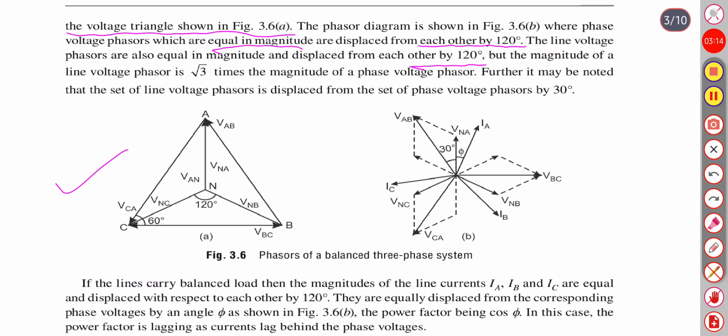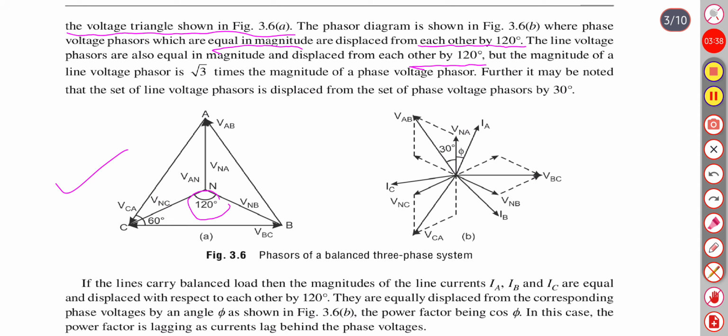In any three-phase system, there are three phases R, Y, B, or you can say A, B, C, and the voltage vectors are always displaced by 120 degrees from each other.